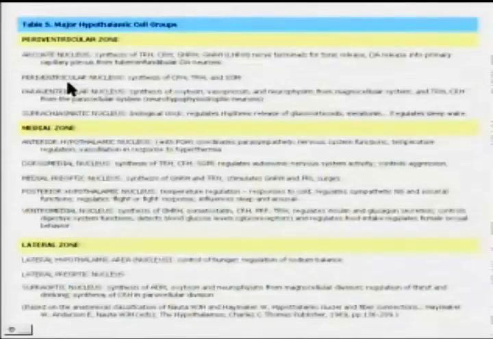The periventricular nucleus has neurons that synthesize CRH, TRH, and somatostatin. The paraventricular nucleus, here we find oxytocin, vasopressin, and the neurophysins associated with each of those in the magnocellular neurons.